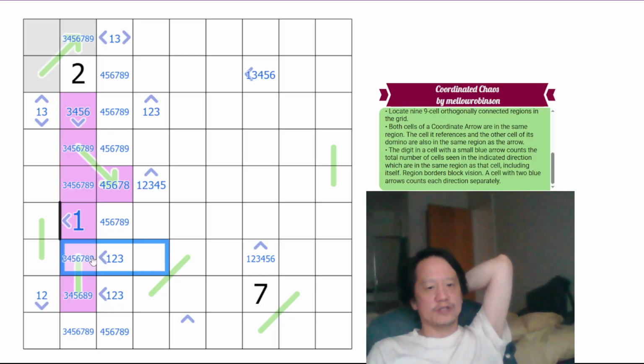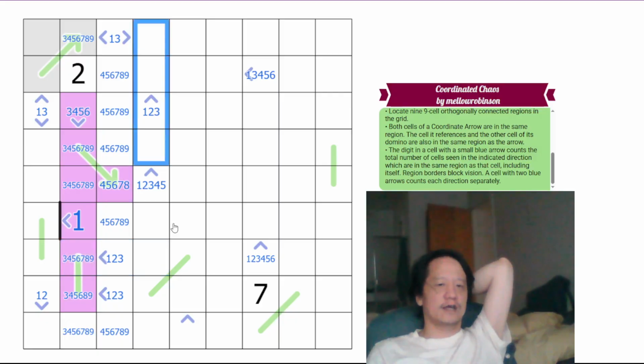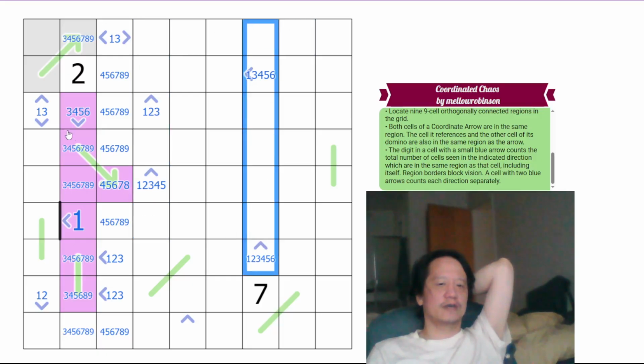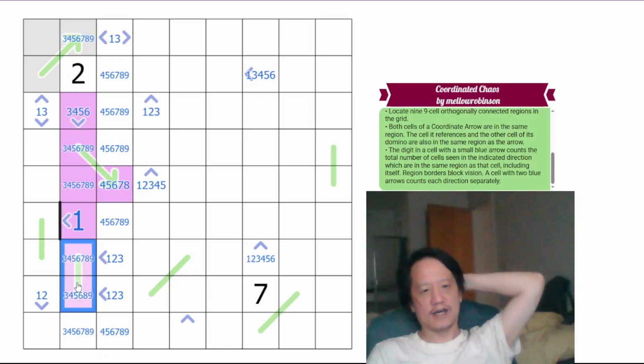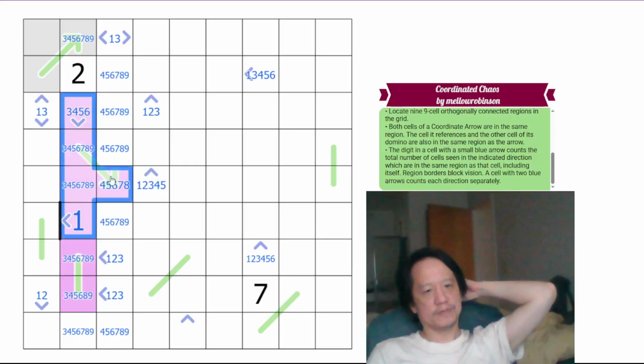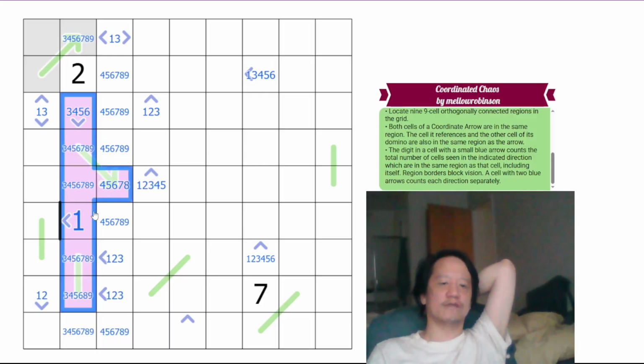But the problem... Okay, so the problem with this is, this necessarily has something from column 4 to column 8. I guess they could point to the same... No, they can't point to the same one, because they're in the same region. So since they're in the same region, these 2 digits must be different digits than that. So I think we've shown that you can't include this arrow in this region. If you try to, this is guaranteed to have 7 cells. These coordinates must be different than these coordinates.